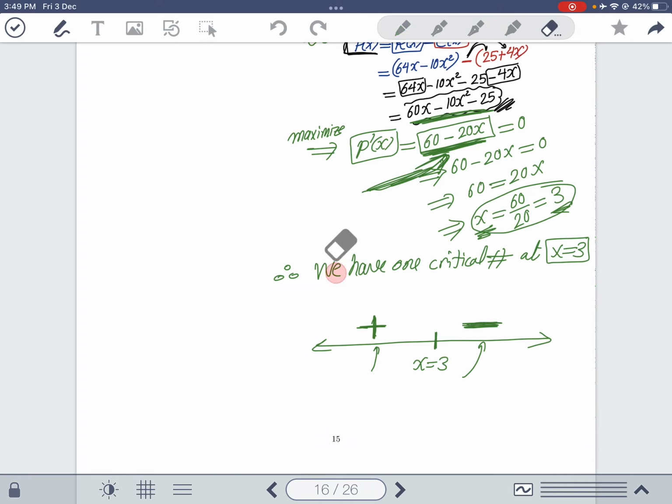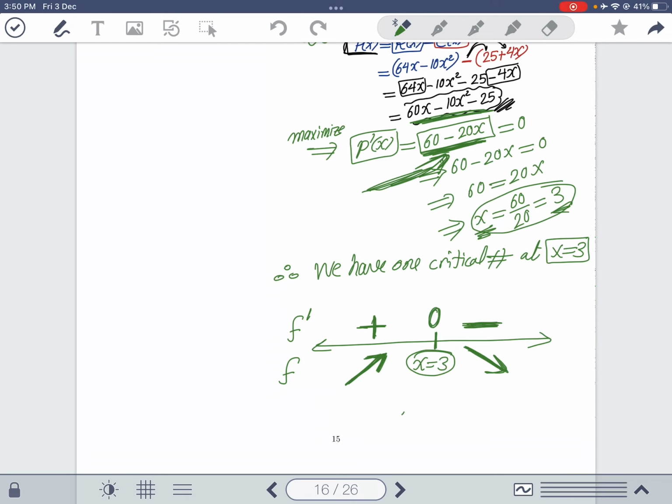This means that since this is the f prime, and at this point at 3, it's exactly 0. So the function f is going to be increasing if the derivative is positive and decreasing if the derivative is negative.